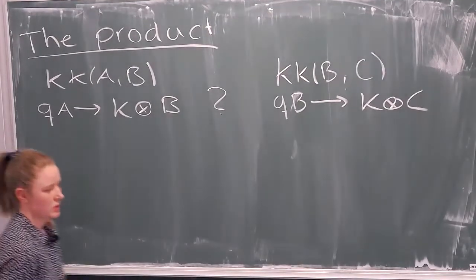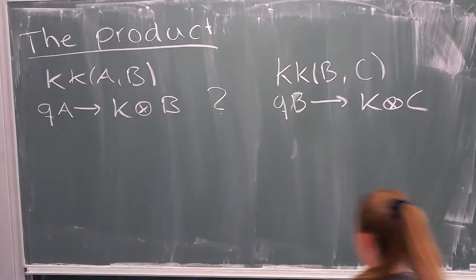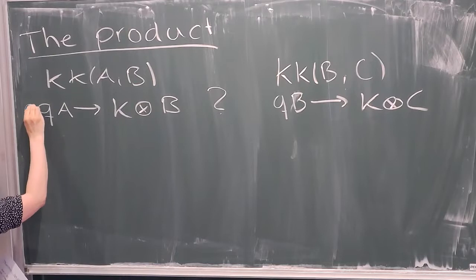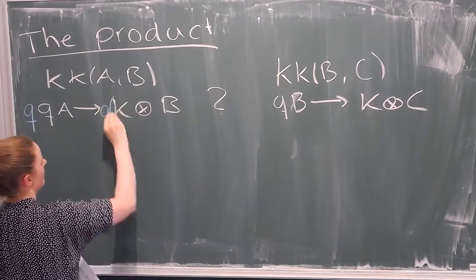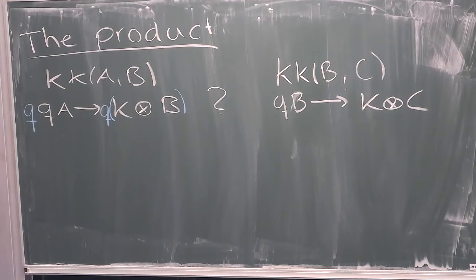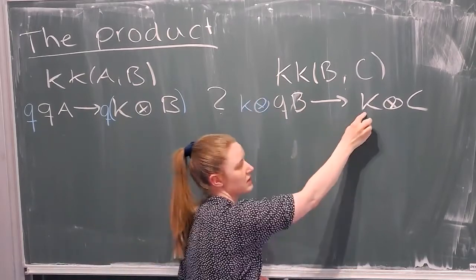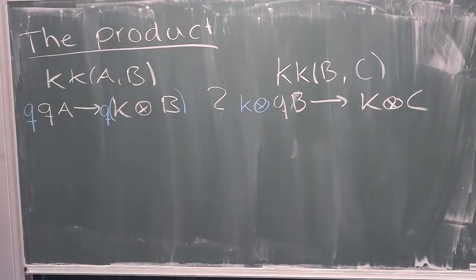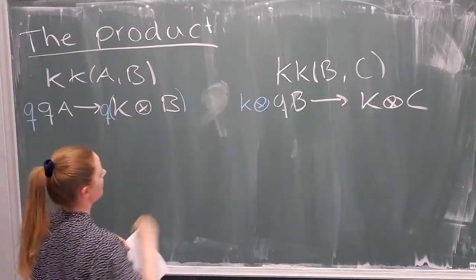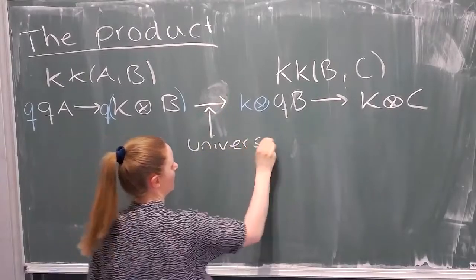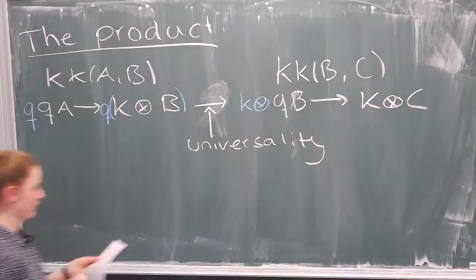So the first thing we can do over here is to take Q of both sides. This is a functor Q, so we can do this. And over here, we take K tensor QB, and of course, if we tensor K here, we still get K tensor C. And then there will exist a map here by universality.